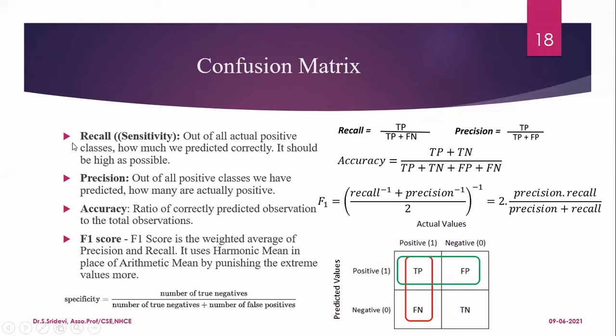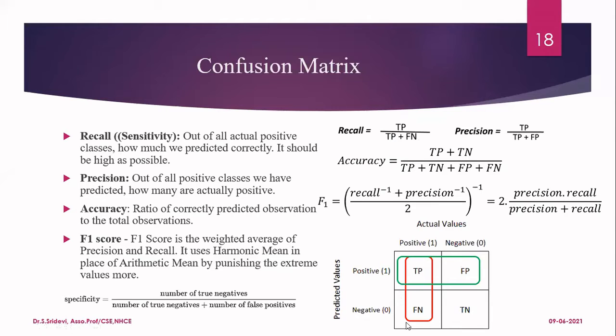One is called recall. Recall is also known as sensitivity. The formula for recall is TP divided by TP plus FN. Now, what is the meaning of this? Recall considers all actual positive classes. What is the meaning of all actual positive classes? In this, the actual value is positive.